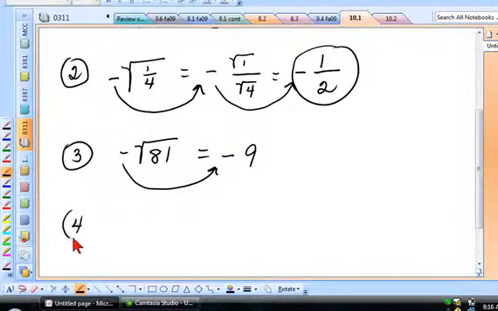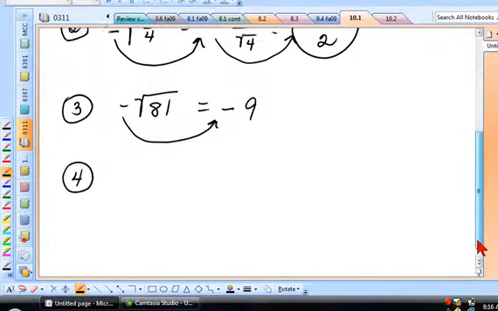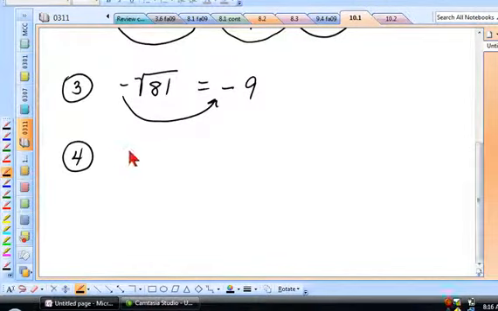Now, number 4 takes us into possibly a new realm. It asks you to find the square root of x to the 6th. This is the first time in our class that we've looked at taking the root of a variable with an exponent. Now, what I'm asking you is, what would you have to square to get x to the 6th?